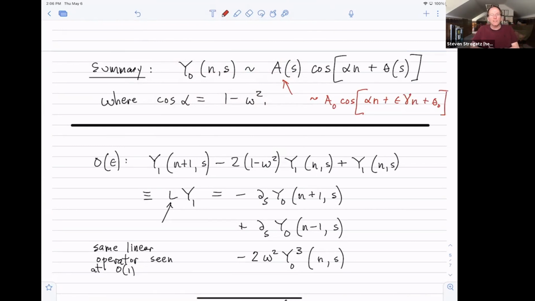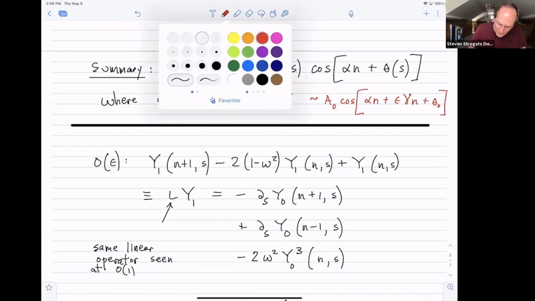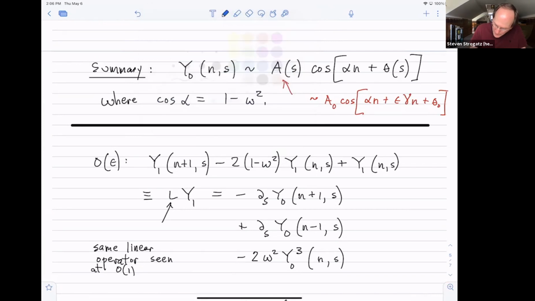So as you can see, if this alpha represented a frequency, it's now gotten perturbed by this epsilon gamma correction.